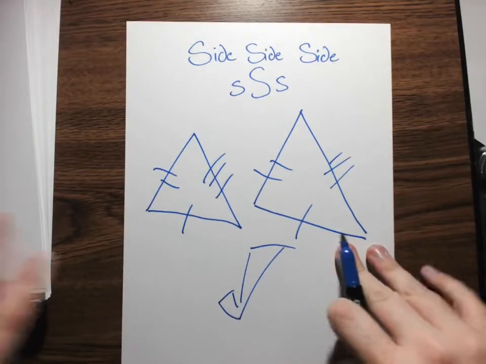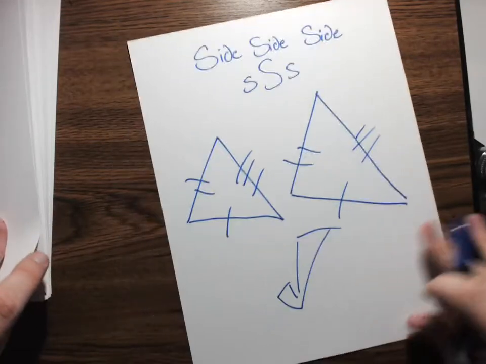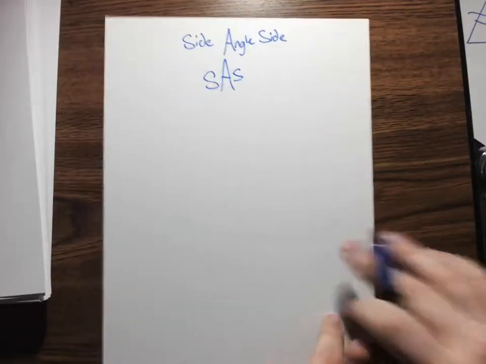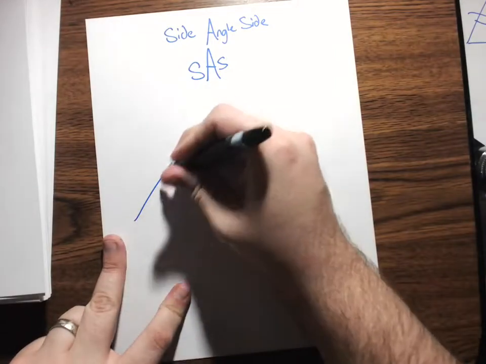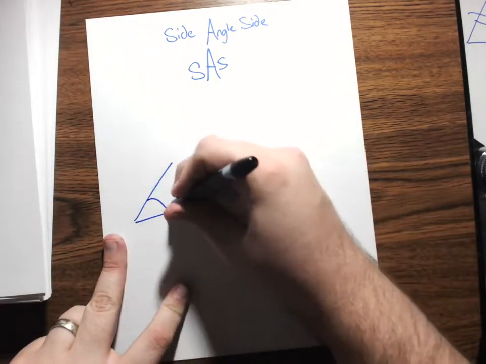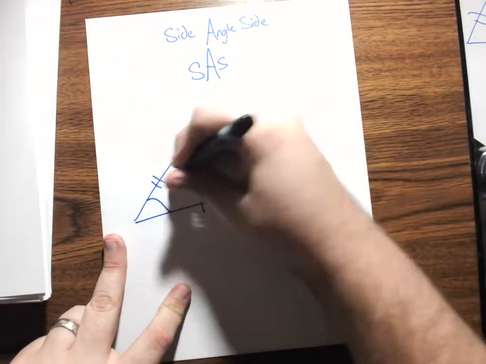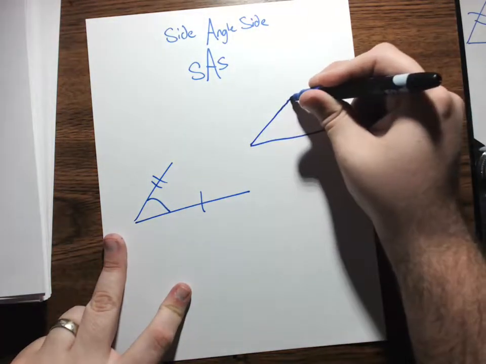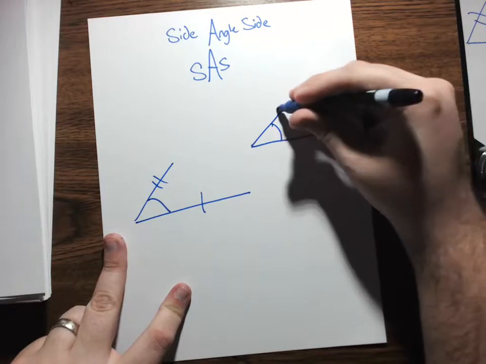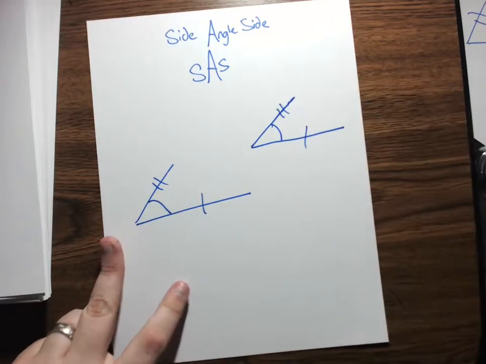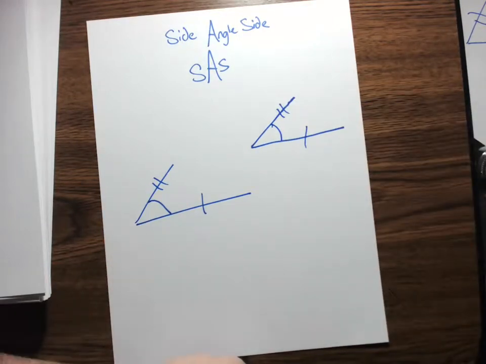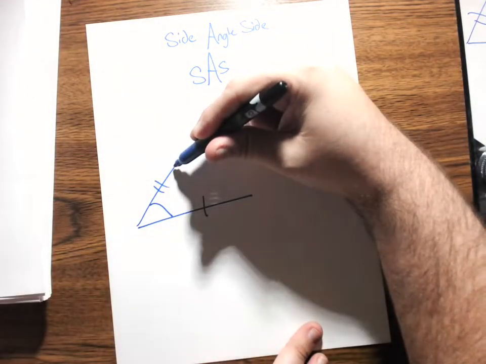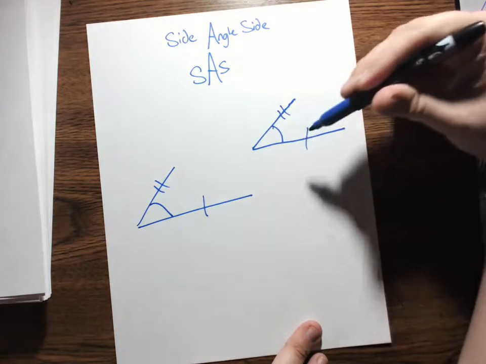That's side, side, side. But we don't only learn about side, side, side. We also learn about side, angle, side. So with side, angle, side, the idea is if I had two triangles, and they were formed by the same angle and the same two sides, there's only one line I can draw that goes from this end point to this one.